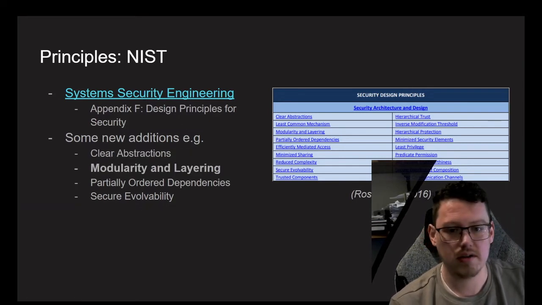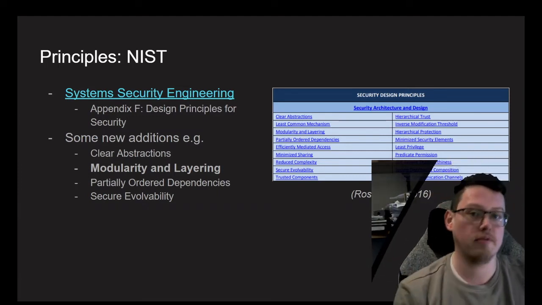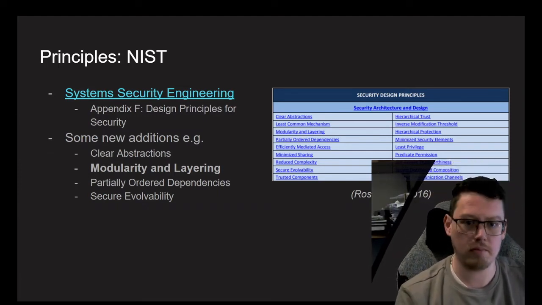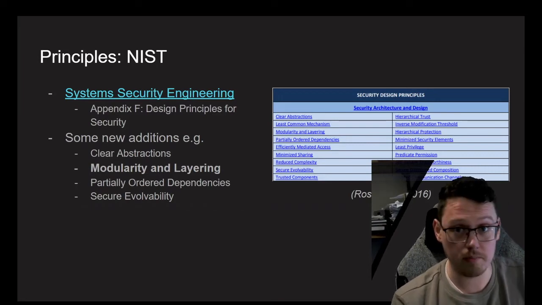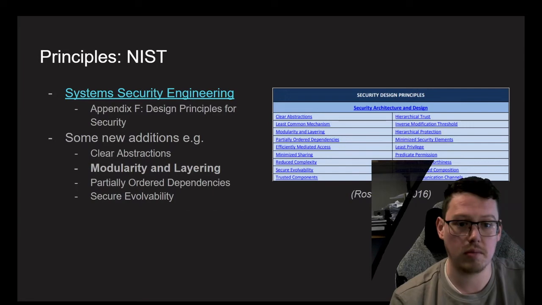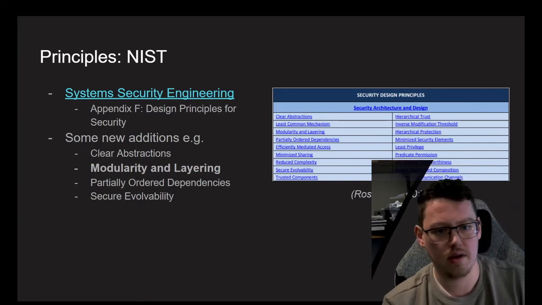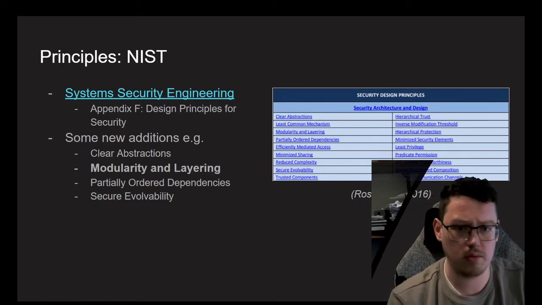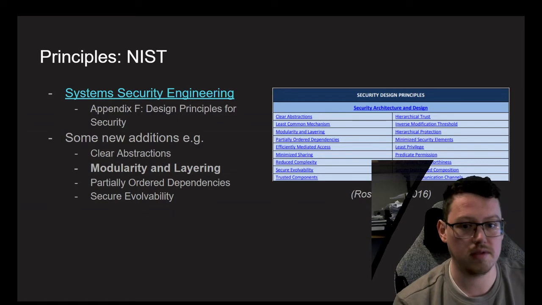So, modularity and layering. Modularity refers to breaking down your system into manageable, self-contained component parts. A good example of this, and we'll come to this in the system security module in detail, is PAM, which is a Linux interface which stands for Pluggable Authentication Modules, an interface for dealing with different types of authentication on a Linux system.